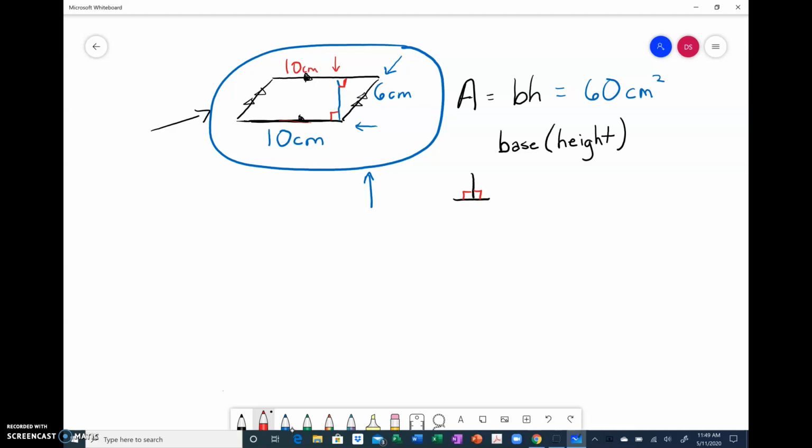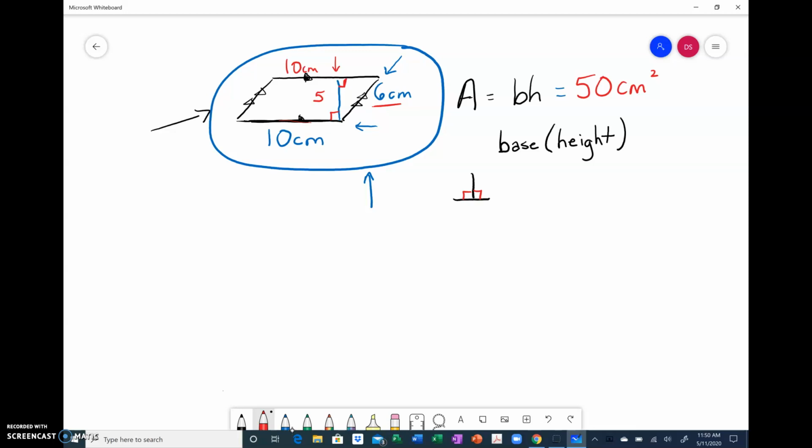Now, I'm going to guess that this would be about 5. It's not as long as this diagonal line over here. And so now, if you were given this amount of information, which is really kind of overwhelming, you could figure out that the area of this parallelogram is actually 50 centimeters squared.